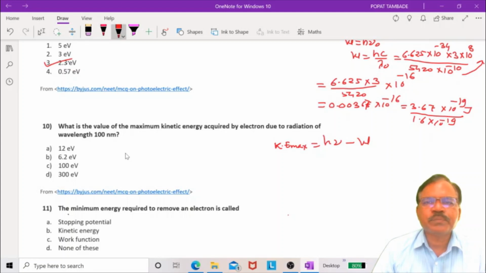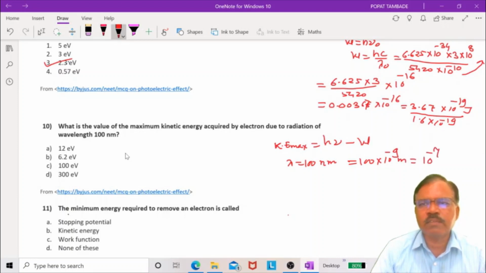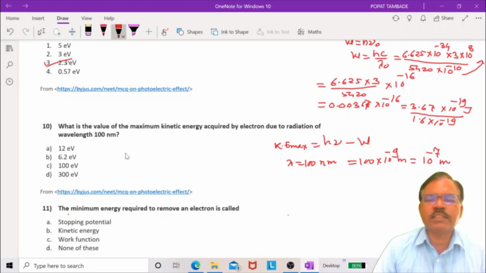Now here the wavelength is given, that is 100 nanometer. So 100 into 10 raised to minus 9 meter. So I can take this as 10 raised to minus 7 meter. This is wavelength.